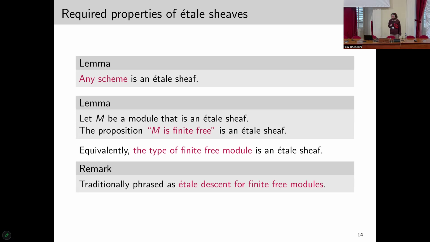And this property, that the type of finite free modules is a stack, is often phrased by saying that we have étale descent for finite free modules. So if you have seen stuff about descent in traditional algebraic geometry, they are actually about higher types being a sheaf in the sense of the definition I gave. Right? And so I just need these two properties. I just need a Lex modality with these two properties for the rest of the talk to work.